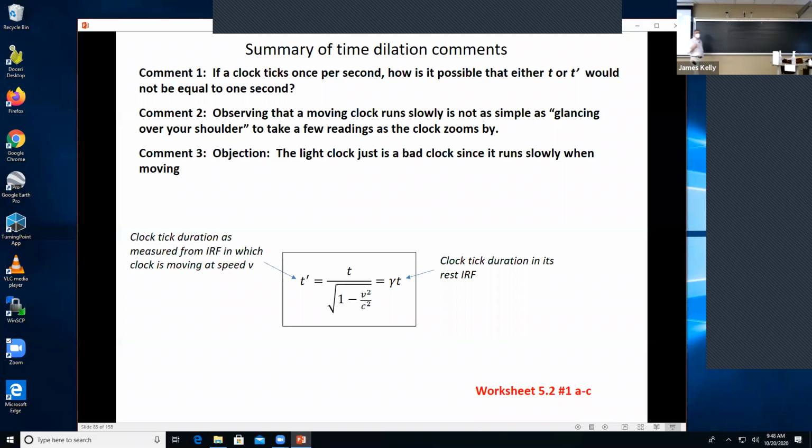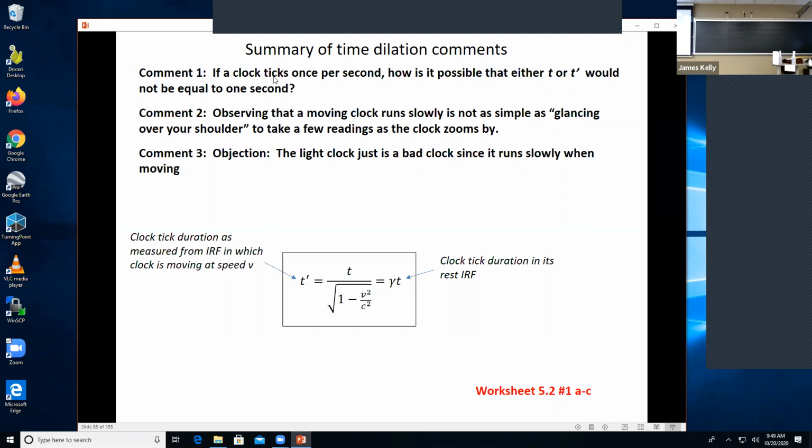And if I know gamma is 2, that means the tick lengths as measured when the clock is moving versus when it's stationary differ by a factor of 2. It takes twice as long to wait for a 1 second tick to elapse on a moving clock if it's moving at gamma equals 2 with respect to us.